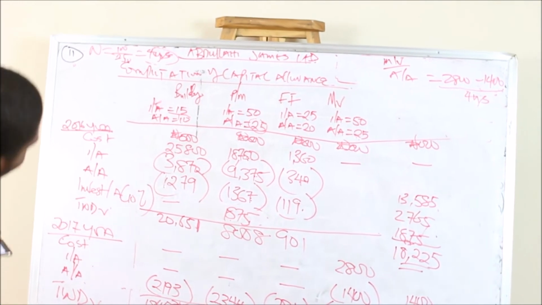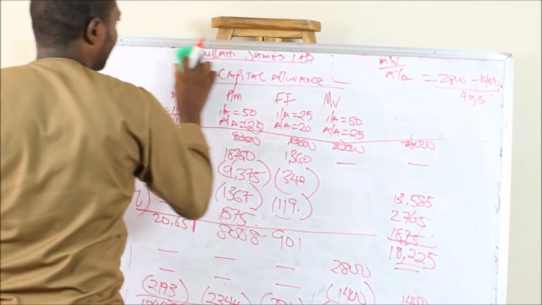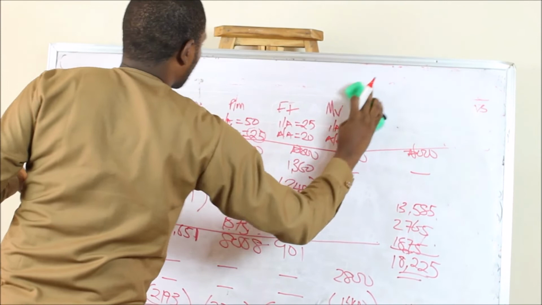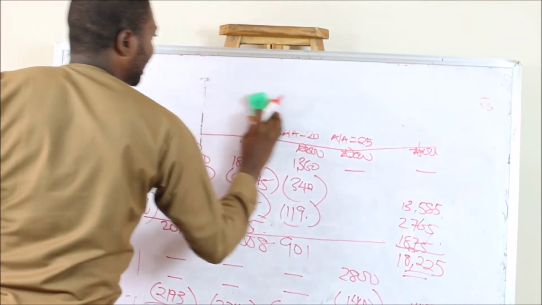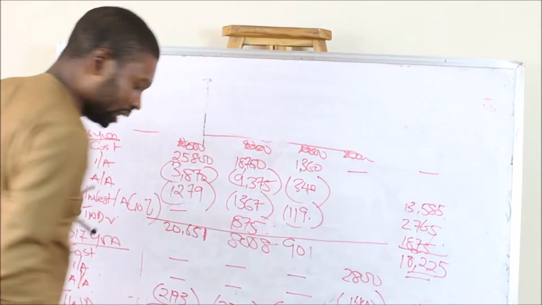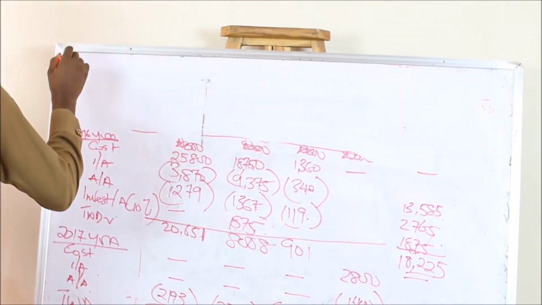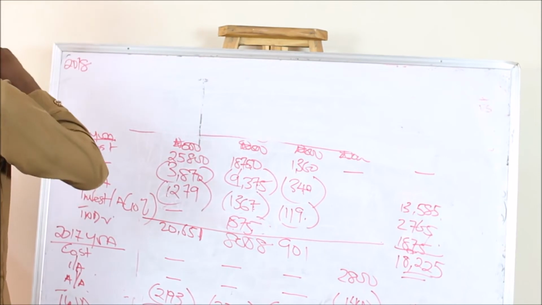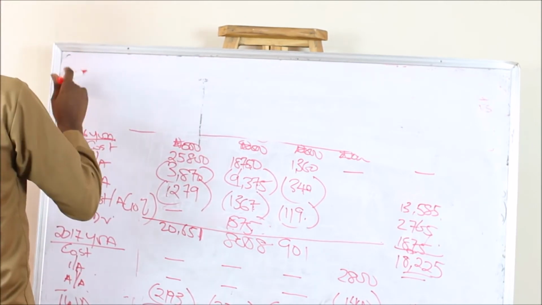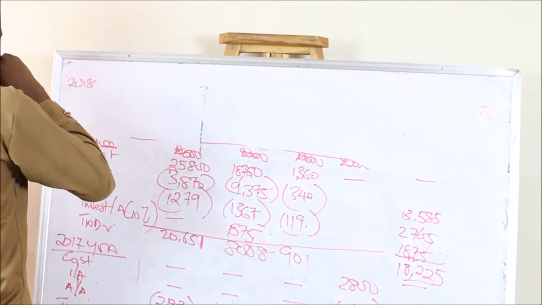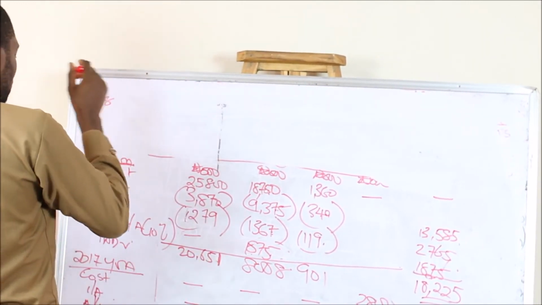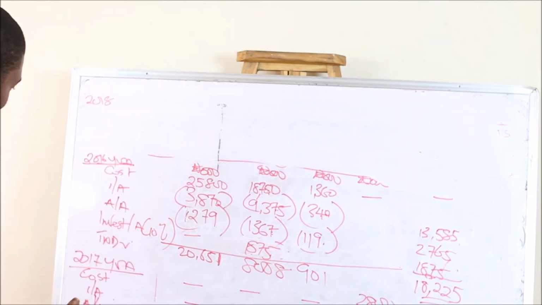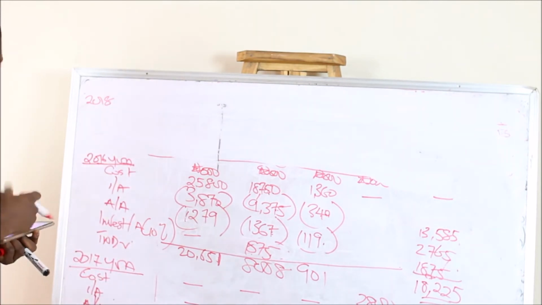The third year, which is the last year, 2018, which is the final year there. Remember, in calculating for 2018, we said the initial allowance.